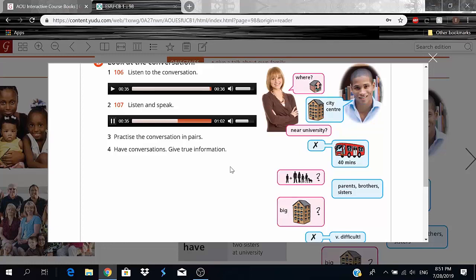My parents, my brothers, and my sisters. Is it a big apartment? No, it isn't. Sometimes it's very difficult. Do you have a part-time job? Yes, I do. I work in a computer shop.